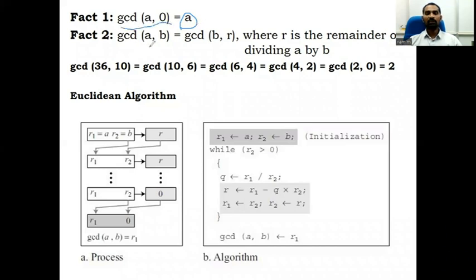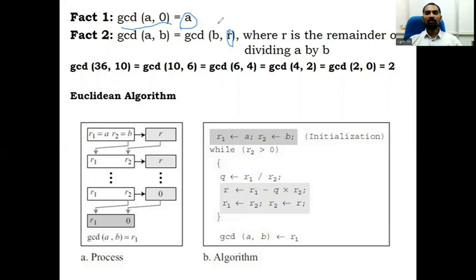The second fact is that GCD of a comma b equals GCD of b comma R. What is this R? The remainder that we get when a is divided by b.